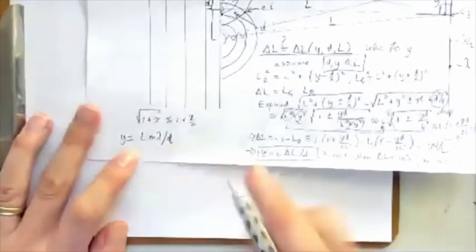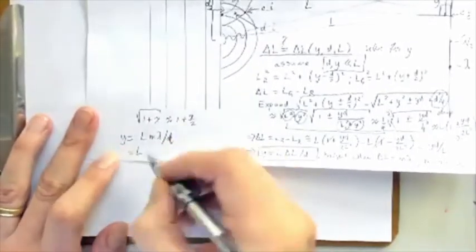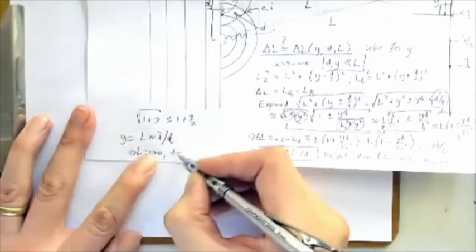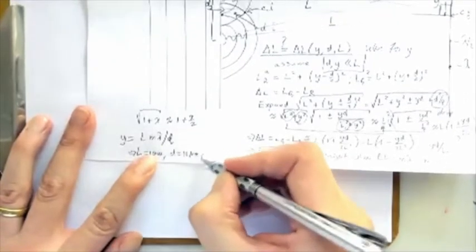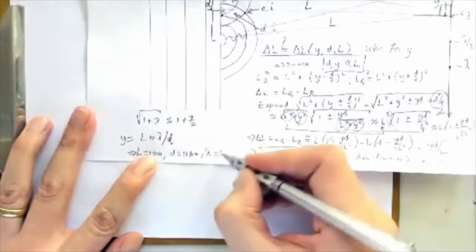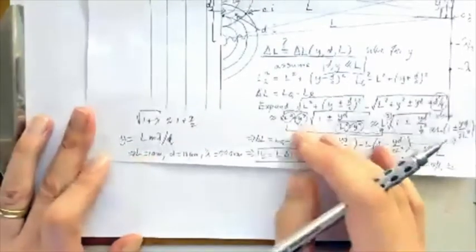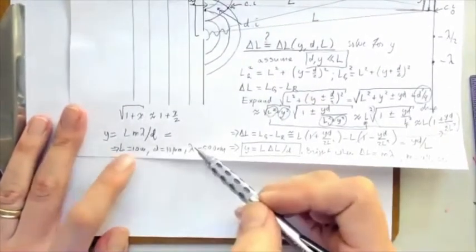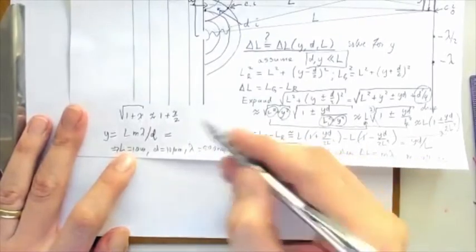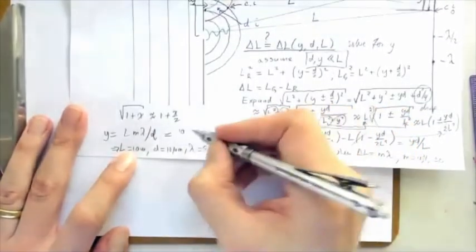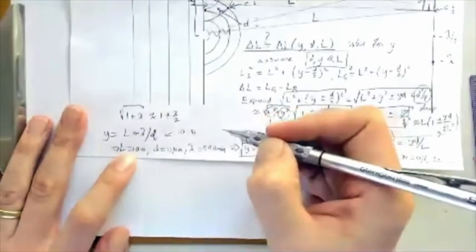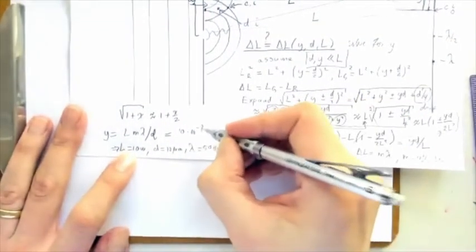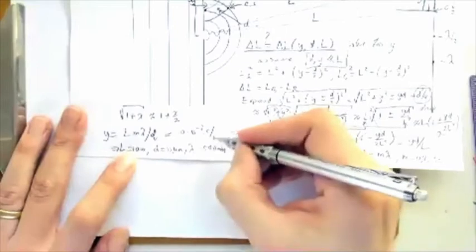All right. So what does that mean? Well, let's say we call this L 10 meters, we take a distance d of, let's call it, 10 microns, and let's call lambda 500 nanometers. Then you get delta y, that's 10 meters times 500 nanometers, so that's 5 times 10 to the minus 7, divided by 10 microns, so that's 10 to the minus 5.